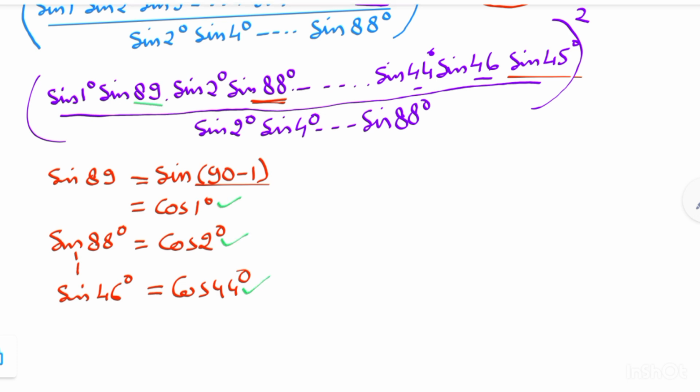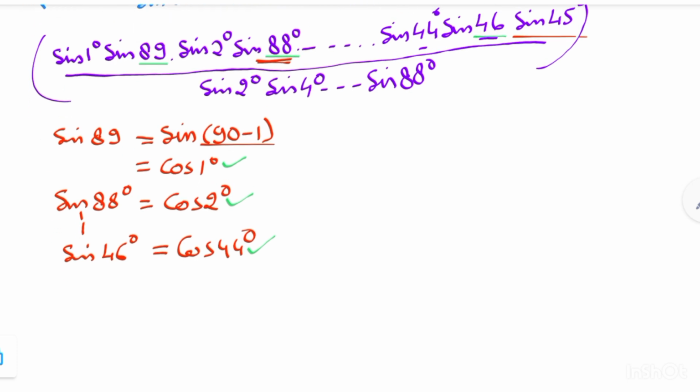So we will get sine 1 degree into cos 1 degree, because sine 89 is cos 1. Similarly, sine 88 degree is cos 2 degree.